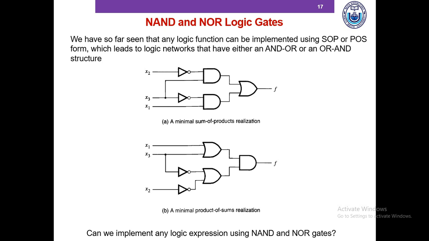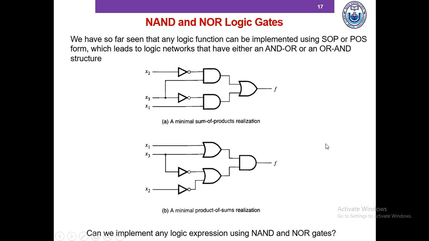So far we have seen that any logic function can be implemented using sum of product or product of sum form, which leads to logic networks that have either an AND-OR structure or an OR-AND structure. For sum of product, you have an array of AND gates followed by one OR gate. And for product of sum, you have an array of OR gates followed by an AND gate.